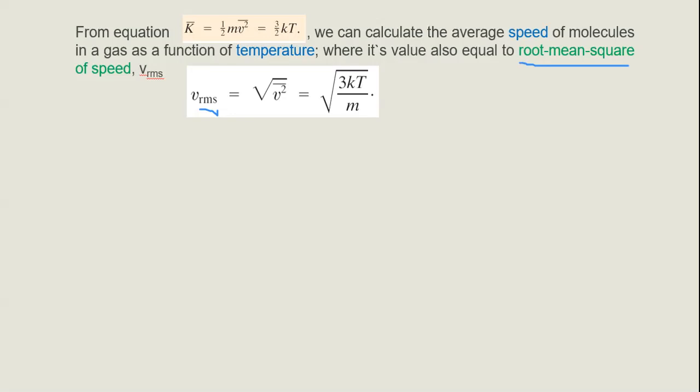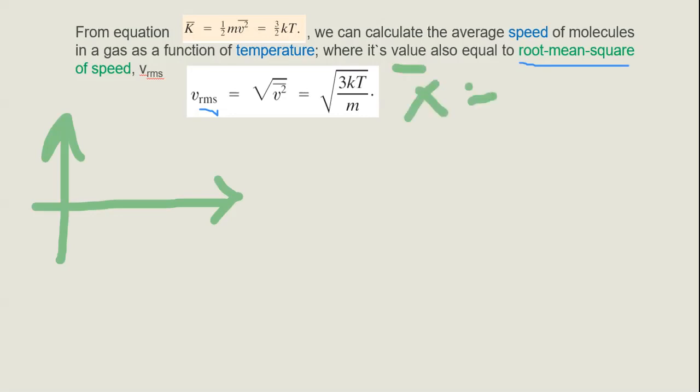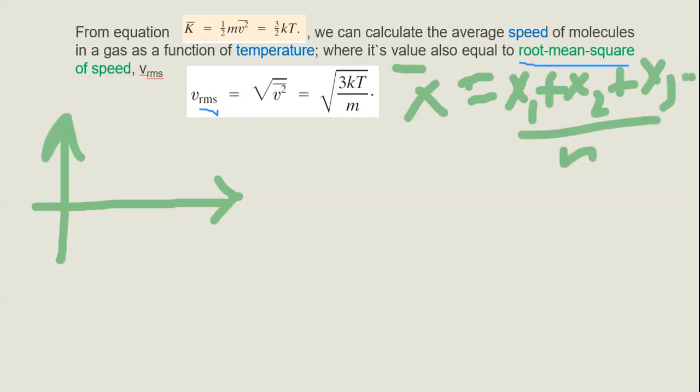If you remember from your statistics classes, when you want to find the average value of a measurement, you do x1 plus x2 plus x3 and so on, divided by the number of samples you have.